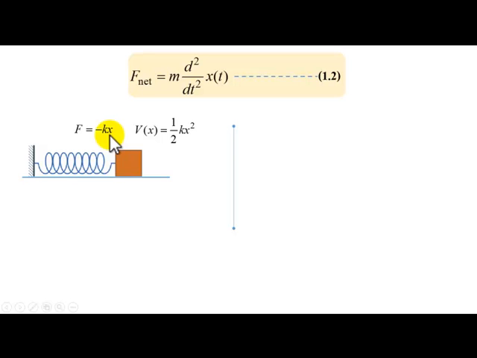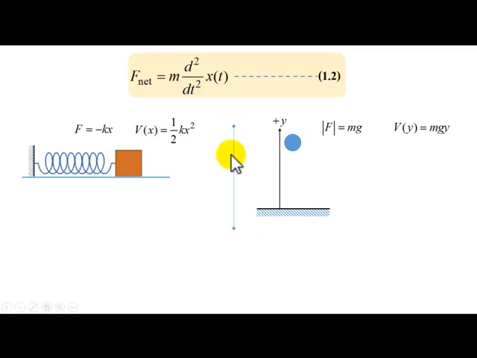We also know from the introductory physics class during freshman year in college that the potential energy of a spring, V of x, is equal to 1/2 kx squared. Here, the variable x is the coordinate indicating the displacement of the mass from the equilibrium.